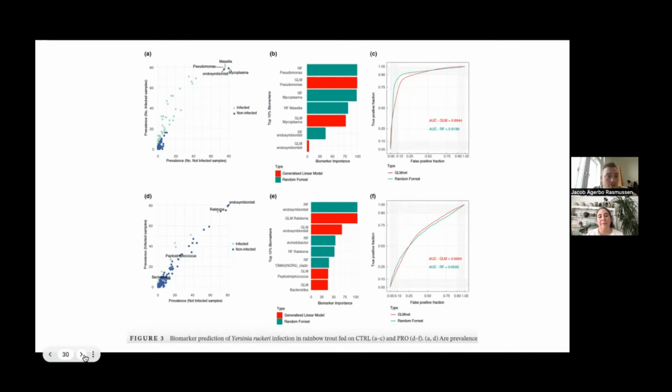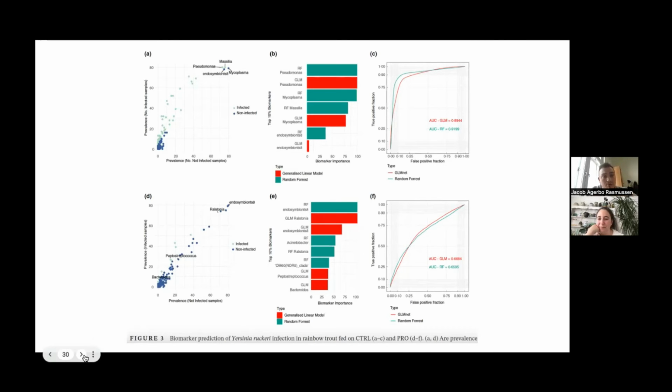We did that with both the control and the probiotic. In general, with the control, it was easier to predict. There was a way higher amount of true positives than false positives, because the biological signal was simply way clearer, because the control gut microbiome was simply way less affected.